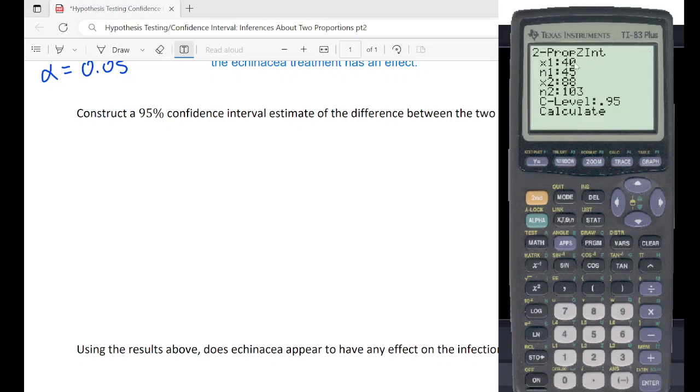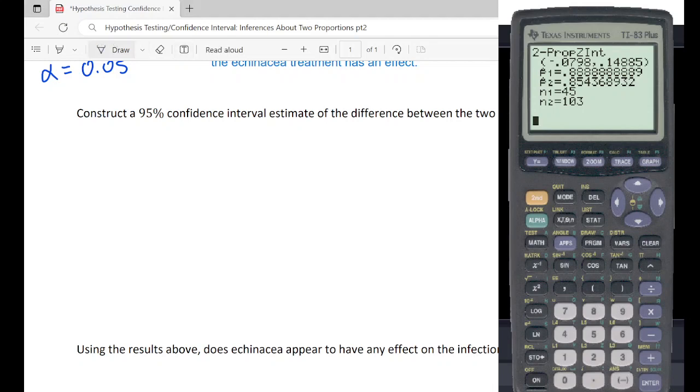And all the information is already there, but if it's not, just type it in again. And it's a 95% confidence interval, so we say 0.95. And then we just go down to Calculate. And there we have our interval from negative 0.0798 to 0.14885. And we'll just round that to 4 decimal places.